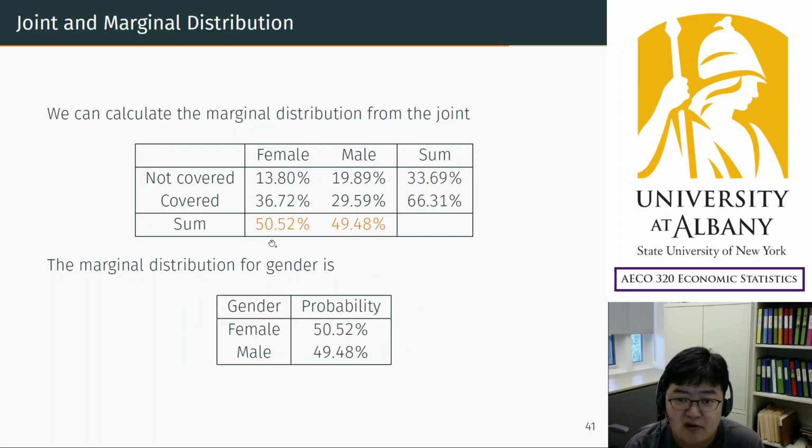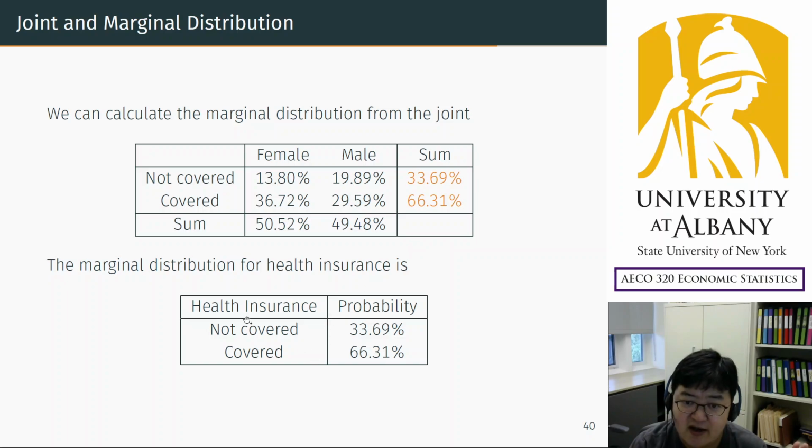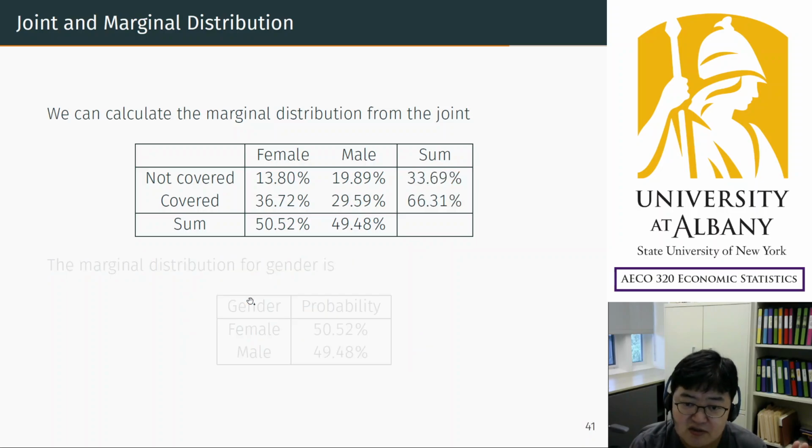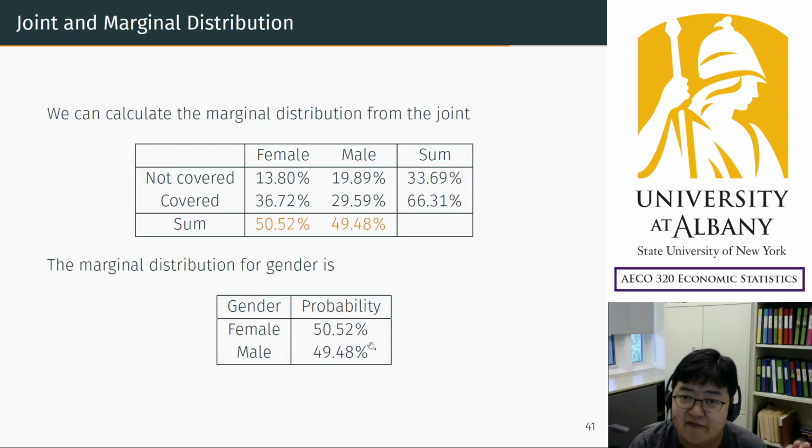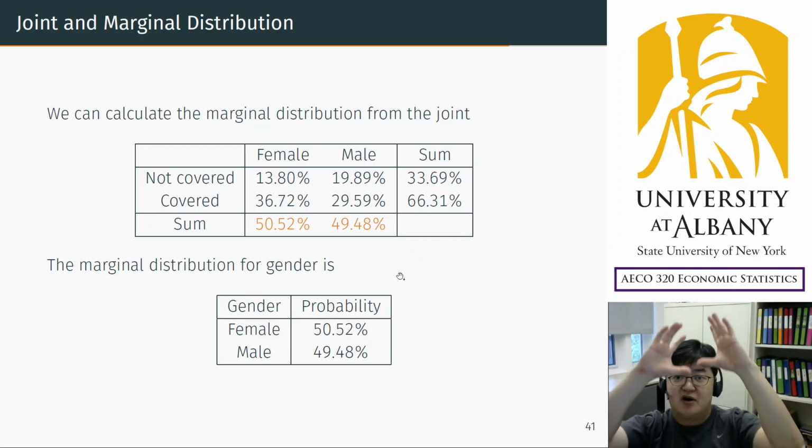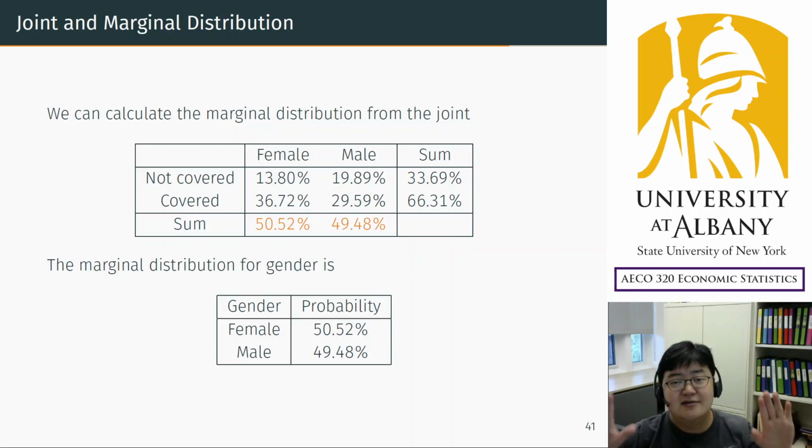For example, use these numbers to calculate another probability distribution for gender. Remember, this is a different probability table from this one. It is health insurance. It is gender. Numbers are different. So from a joint distribution, you can make two marginal distributions, one for each variable.